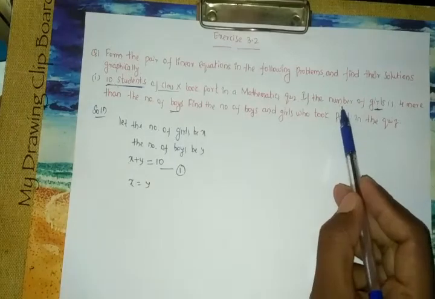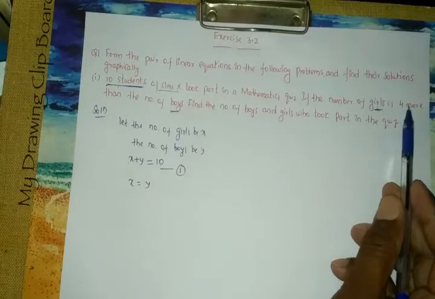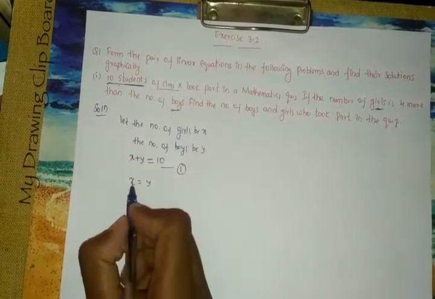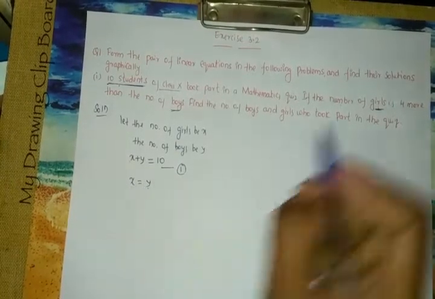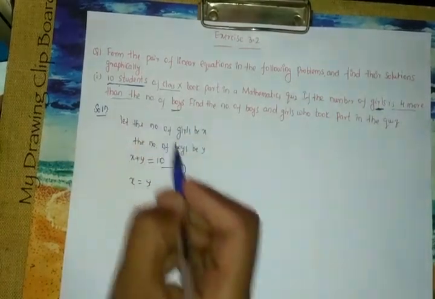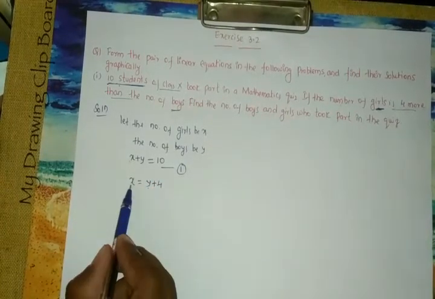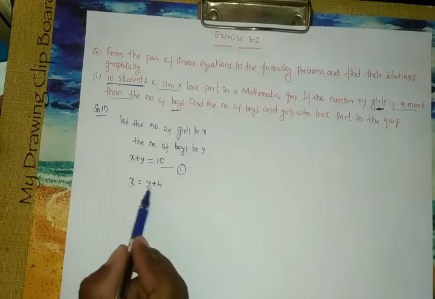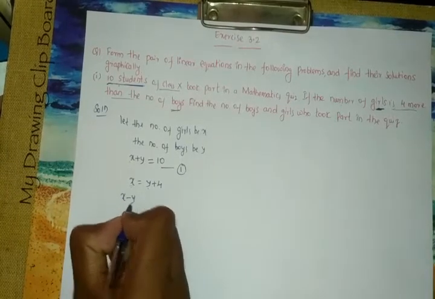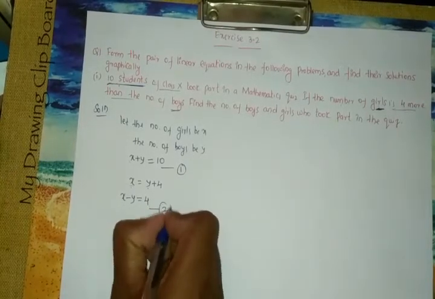Here it is saying the number of girls is 4 more than the number of boys. More means I will be writing it as y plus 4. Again it will form an equation: if I bring y to the LHS, it will be x minus y equals 4.